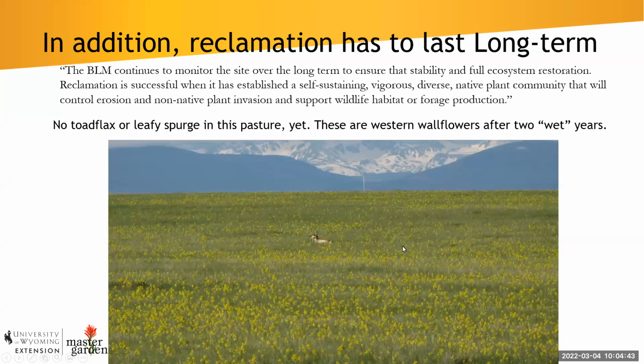In addition, the BLM states that reclamation has to last long term. And this is also more difficult. If reclamation was just all about establishing plant cover to hold the soil from erosion, that would be simpler, but that would not satisfy their definition of the restoration of the ecosystem.